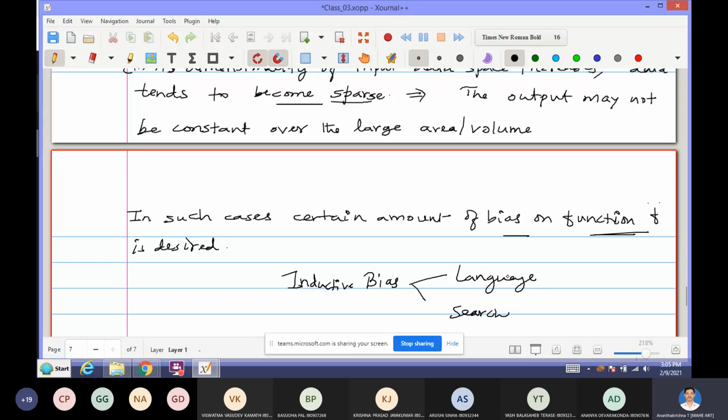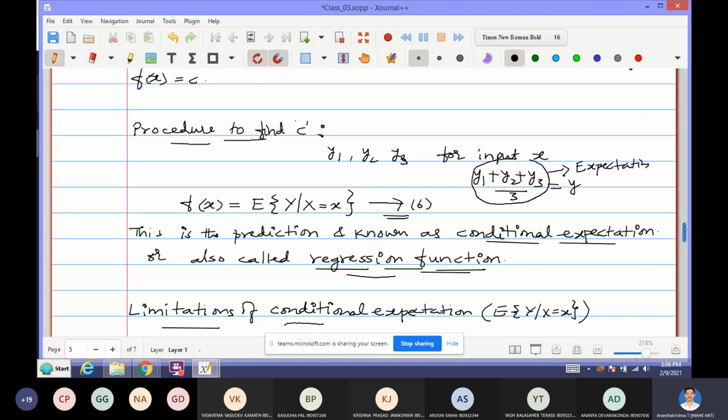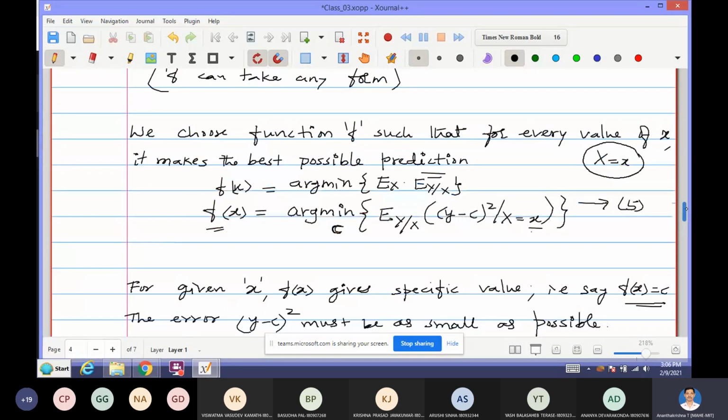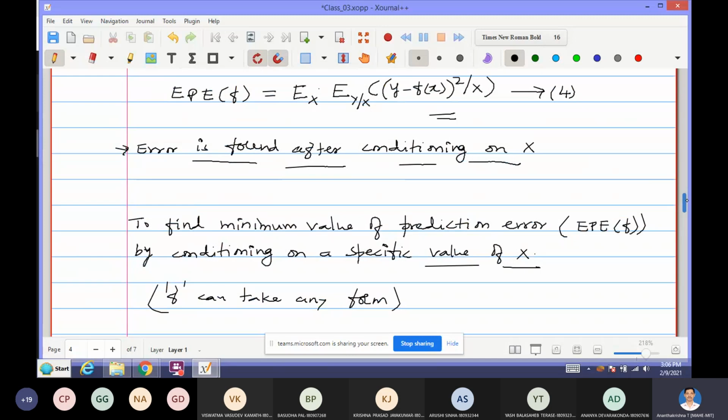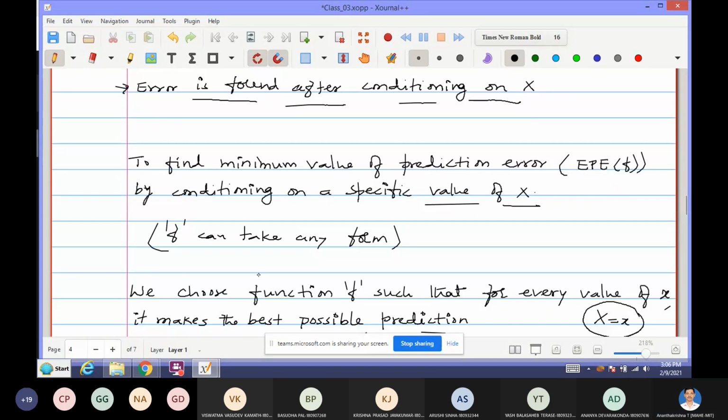When I talk about inductive bias, it can be like you are fixing on a function f. In the earlier discussion, in the very beginning, I used to say that f can take any form. That means there is no bias on f.